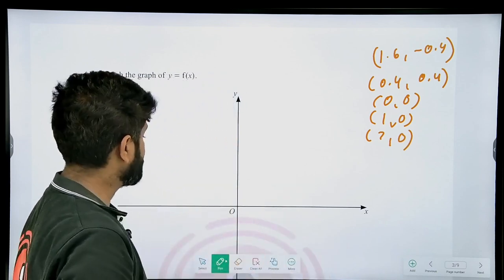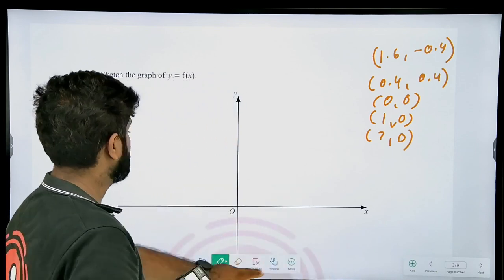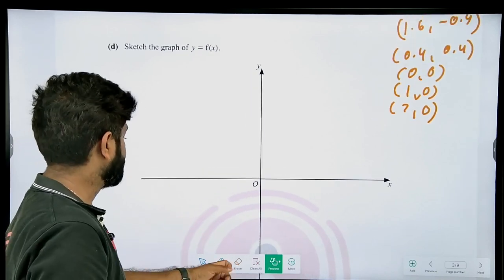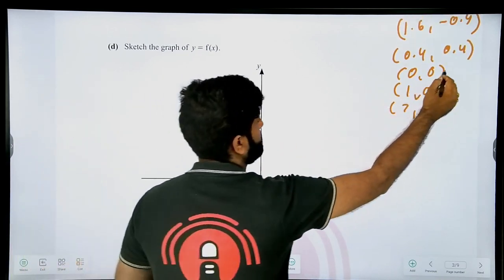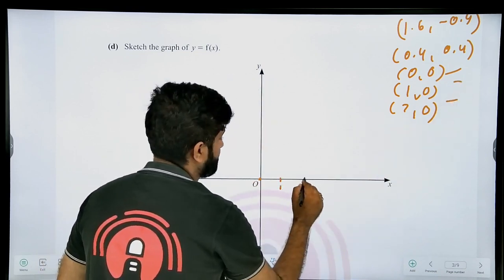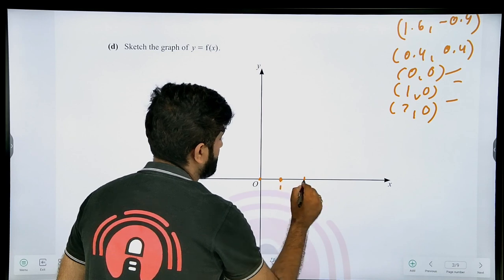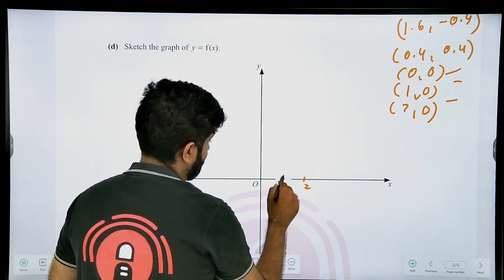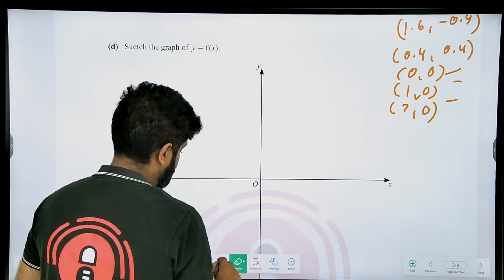Now what I'll do, guys, is simply plot these values in the graph and try to find the shape of the curve. First I'll plot these. So I have 0, 0. Let me take a better scale for the graph.